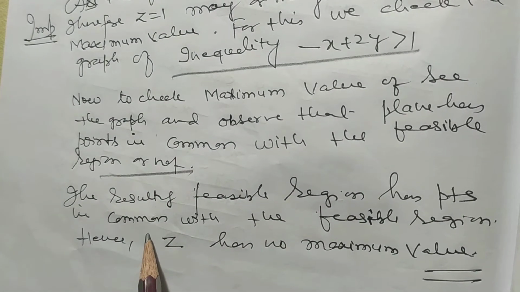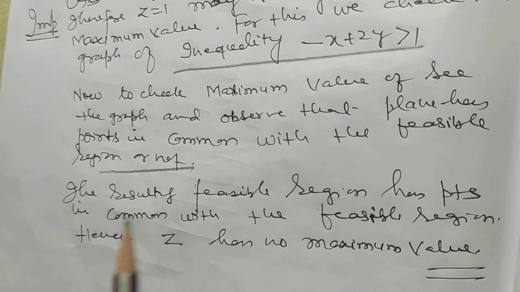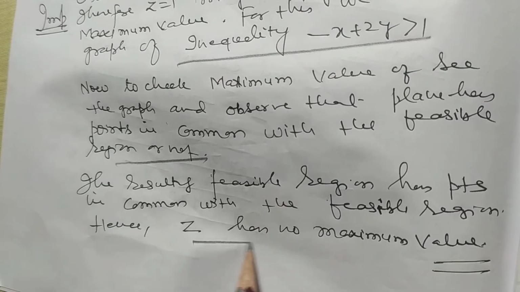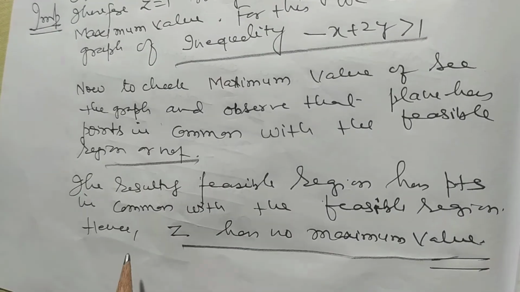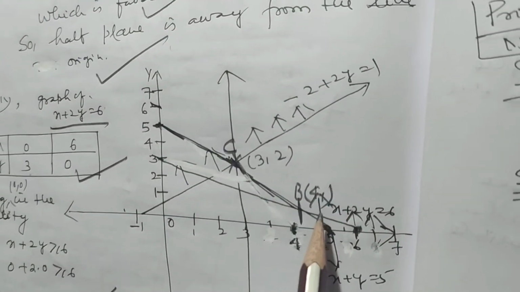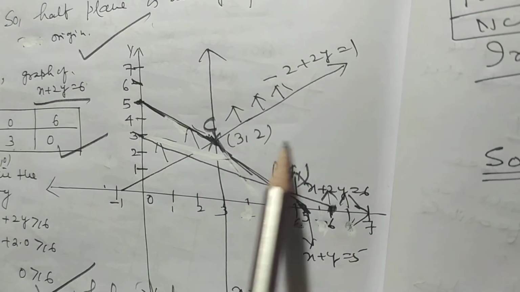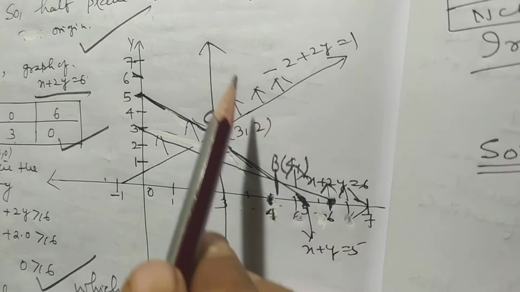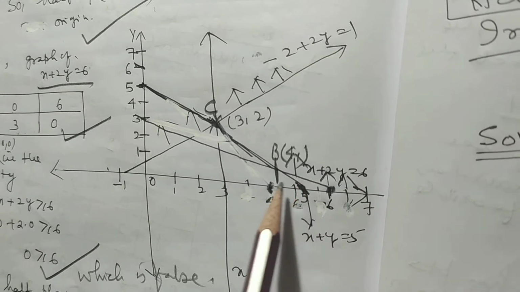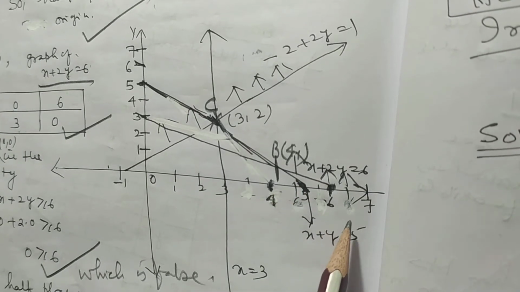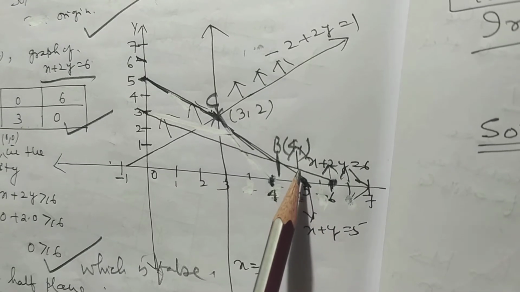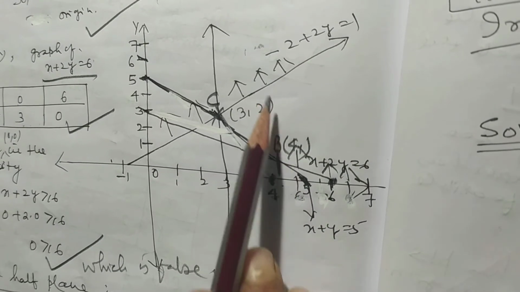If the resulting half plane has points in common with the feasible region, hence z has no maximum value. See here, this area is common.